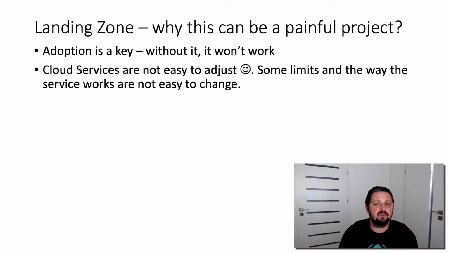You can ask Microsoft to do some stuff, but it will not happen soon. So you have to overcome some lack of flexibility, and you have to have some idea for that. Otherwise, you have some expectations, you have some cloud services, and you cannot change much for some of those, which then will imply how you implement certain things.